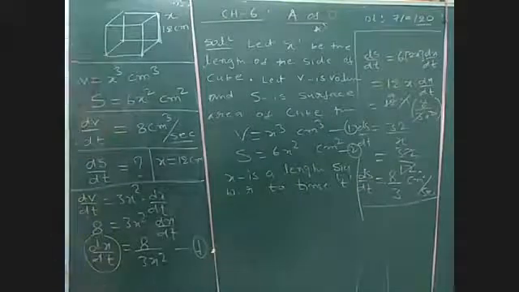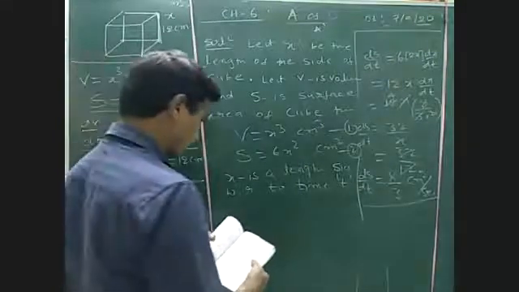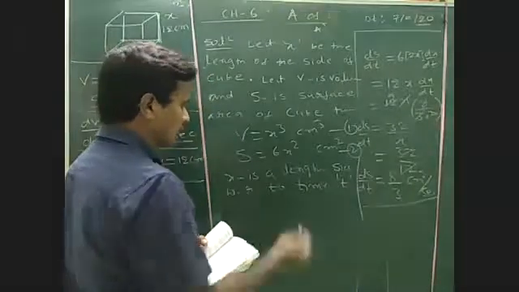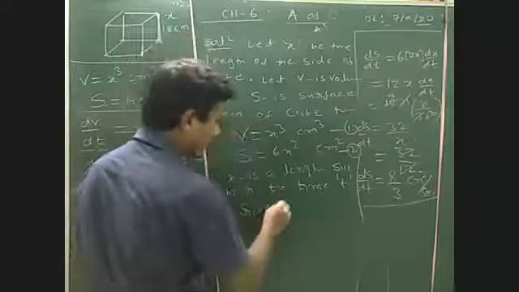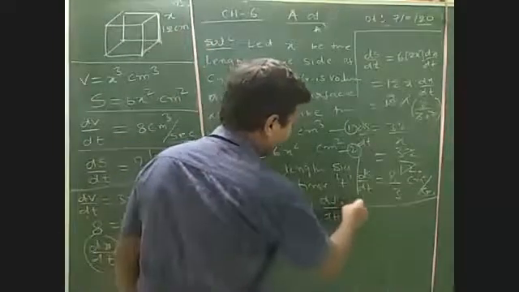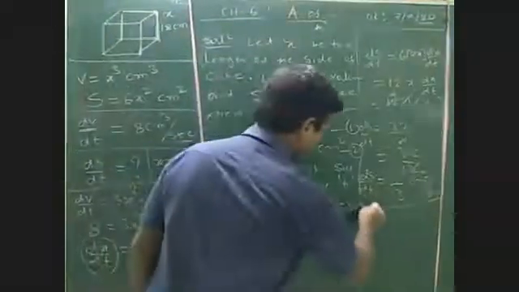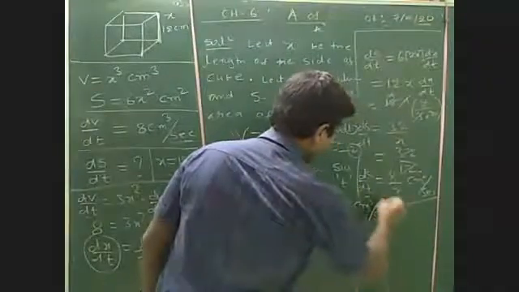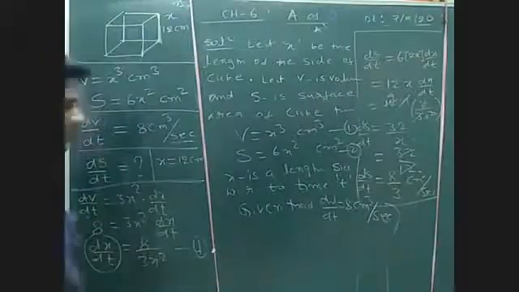Then, clearly given, write down the given data: dV by dt is equal to 8 centimeter cube by second.